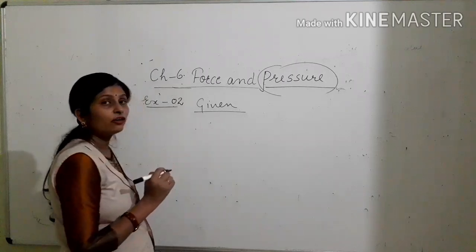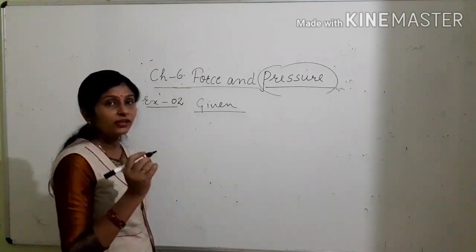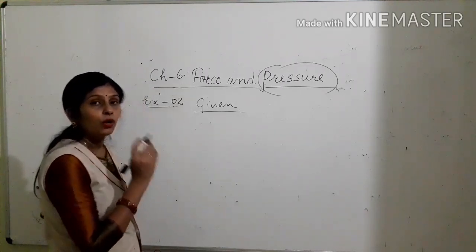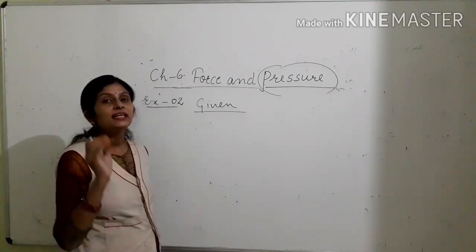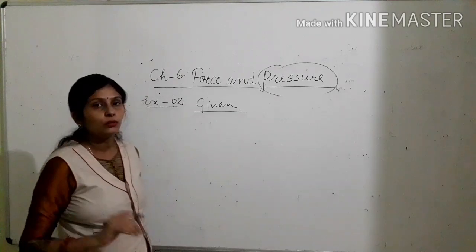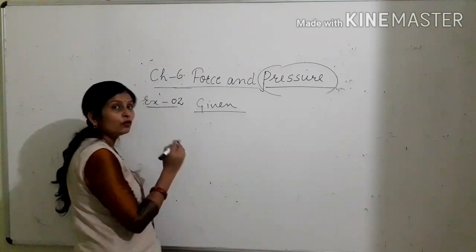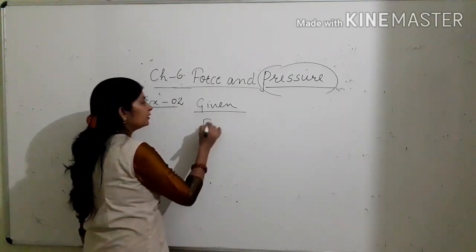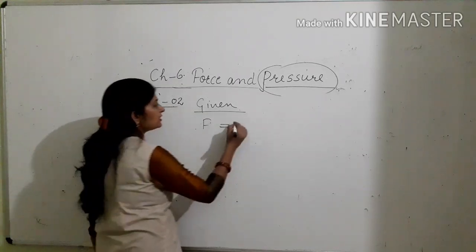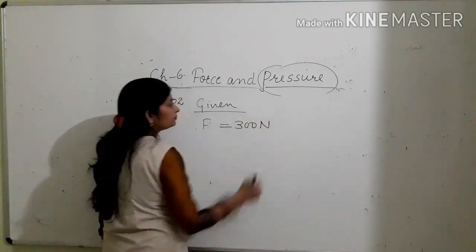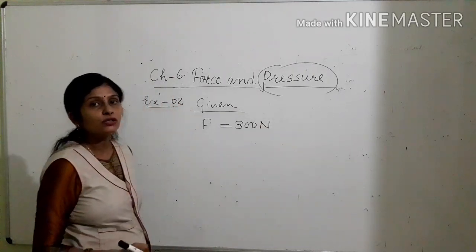So, what is the weight of the box given here? 300 Newton. Whatever the weight of the box, the same force is applied by the box on the ground. So, force is equal to weight, and that weight is 300 Newton. So, force is 300 Newton exerted by the box on the ground.